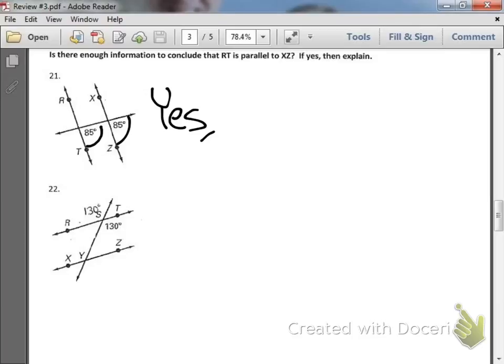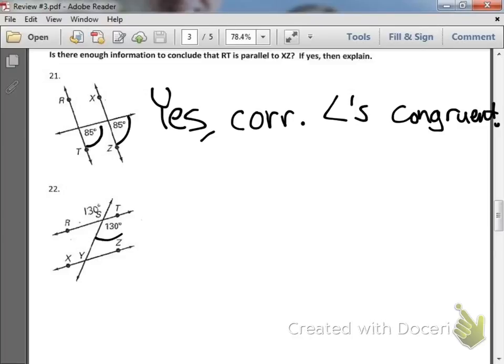But I mean like corresponding, alternate interior, alternate exterior. These are corresponding angles. So if the corresponding angles are congruent, then the lines are parallel. So your reasoning is yes, because the corresponding angles are congruent. What about 22? There's not enough information. Those are just vertical angles. Vertical angles are always congruent whether you have parallel lines or not. So that's just a simple no. What are your questions?